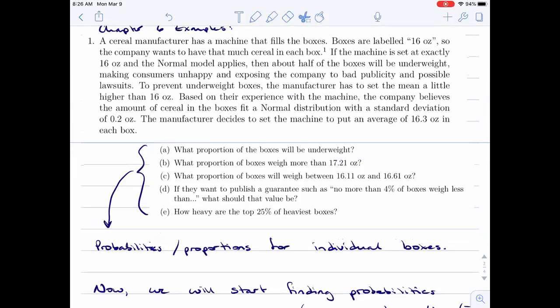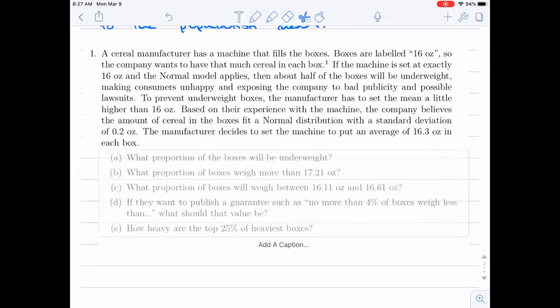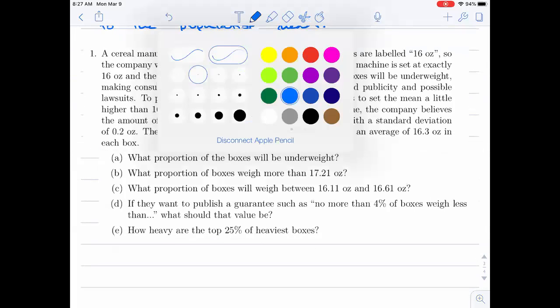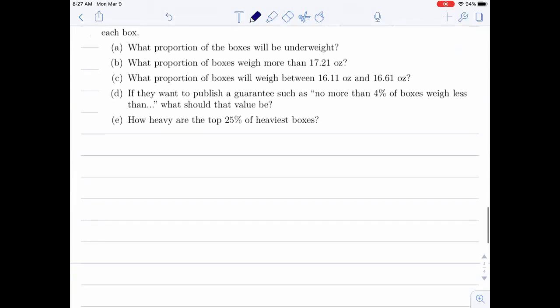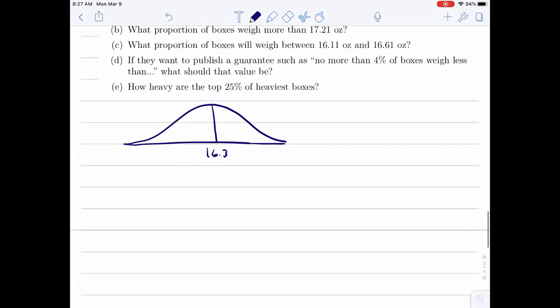Just because I'm talking about it a lot. So here we've done A, B, C, D, E. But what we said from these parts is, okay, individual observations follow a normal distribution centered on 16.3, and sigma is 0.2.